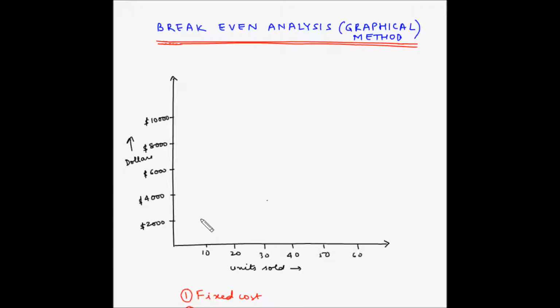So let us draw that line. So let's say that the fixed cost is $2,000. So the line representing the fixed cost will be starting from $2,000 and parallel to the x-axis.